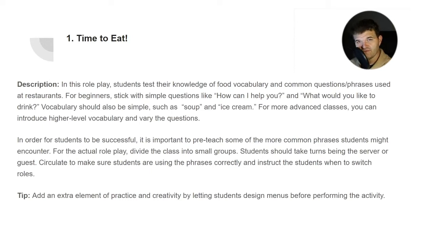Vocabulary should be simple as well. Soup, ice cream. We don't need goat cheese, for example, or Peruvian sun-dried tomatoes. Even though that's not very complex, it's quite long. So for more advanced students, you can have more detailed menus and more complex questions and answers.